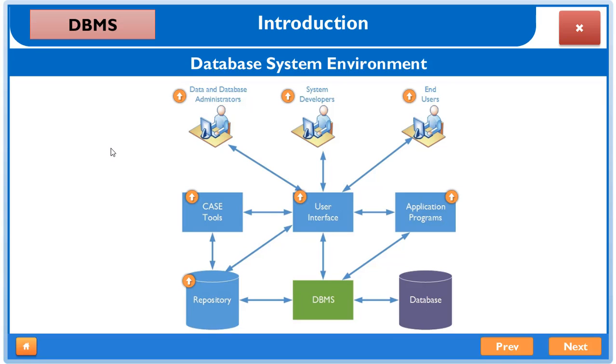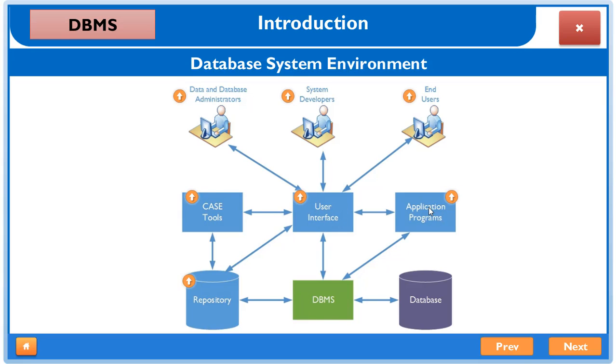This is a basic overview of how a database system environment works. There are actors or users like data and database administrators, system developers, and end users who interact with the database using a user interface.